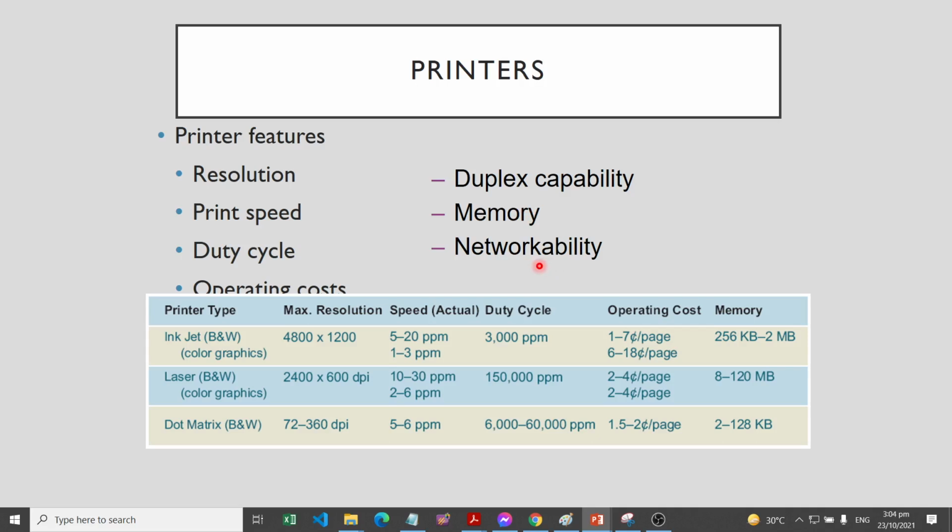And a nice feature, which is networkability. A network-enabled printer can connect directly to a computer network rather than to a single computer. A network connection can be wired or wireless. The advantage of a network-ready printer is that it can be placed in a location convenient for all the network users.